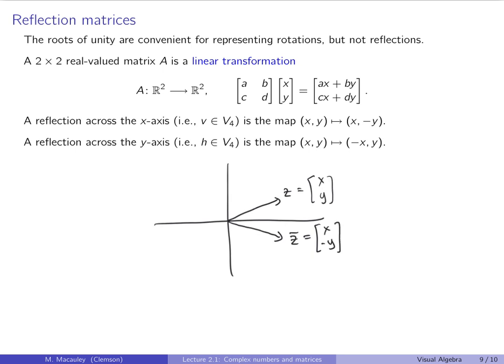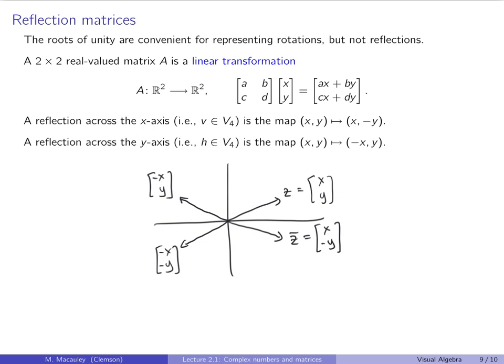So if you think of this as x plus yi, this is x minus yi. If you reflect this across the y-axis, now you get something that looks like this. What is this? This is (negative x, y), right? And now if you reflect across both axes, x and then y, this is just (negative x, negative y).